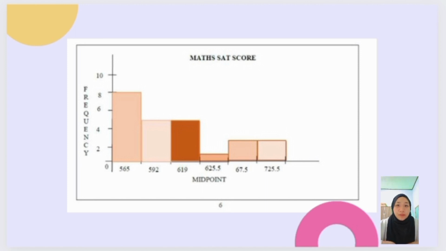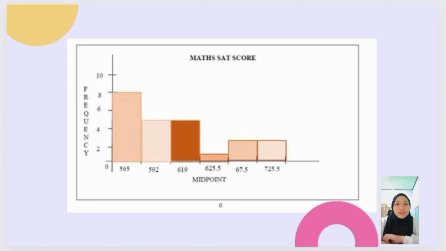For example, for the first class boundaries, to get the lower boundary, 552 minus 0.5 gives the answer 551.5. To get the upper boundary, 578 plus 0.5 gives the answer 578.5.